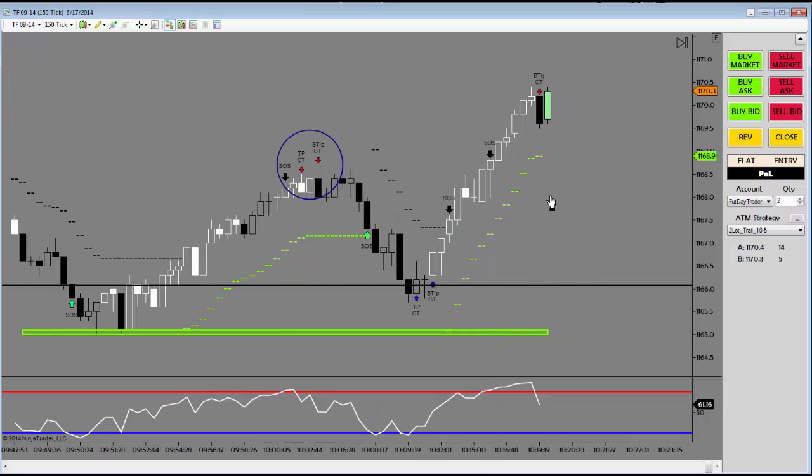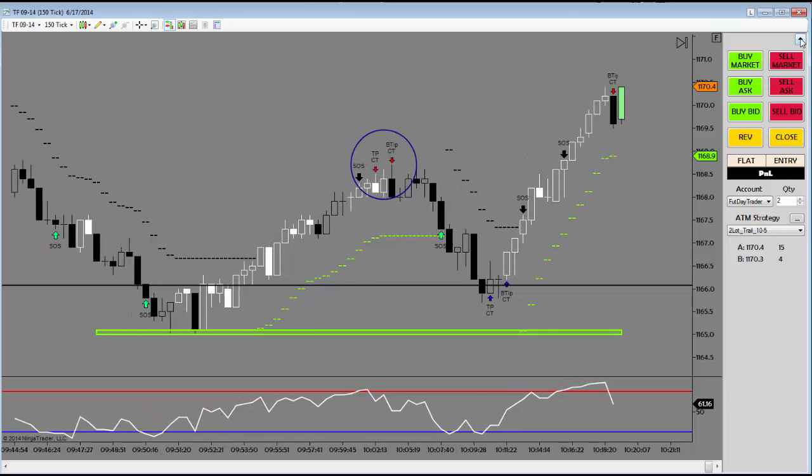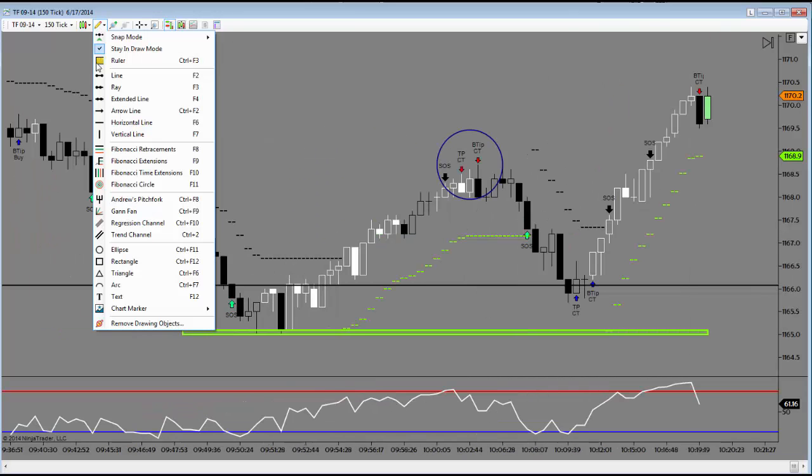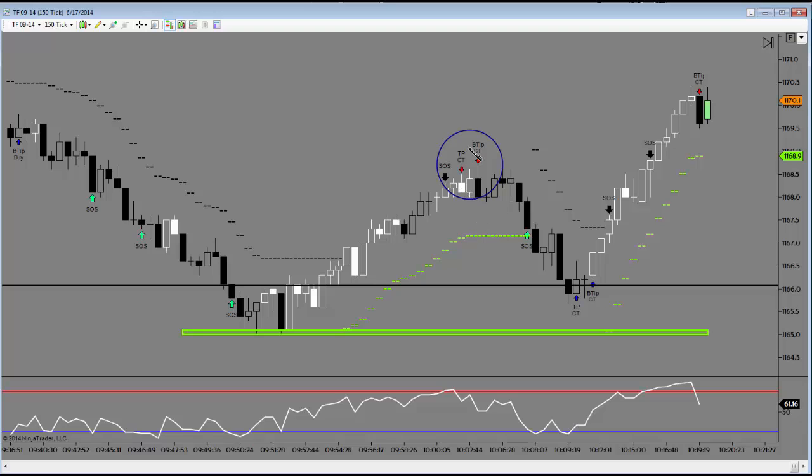Okay, so let's use the if-then thought process. So we say if these criteria are met, then I sell the next bar market. So the next bar was right there. From there to the swing high was 8 ticks. Now again, I typically use a 20 tick stop regardless.